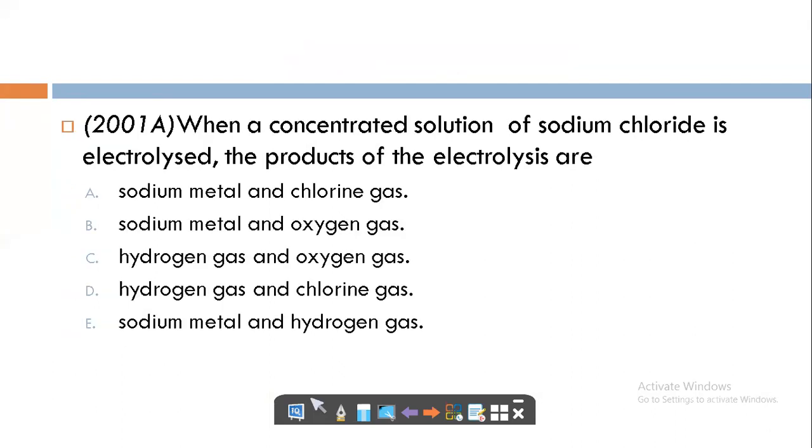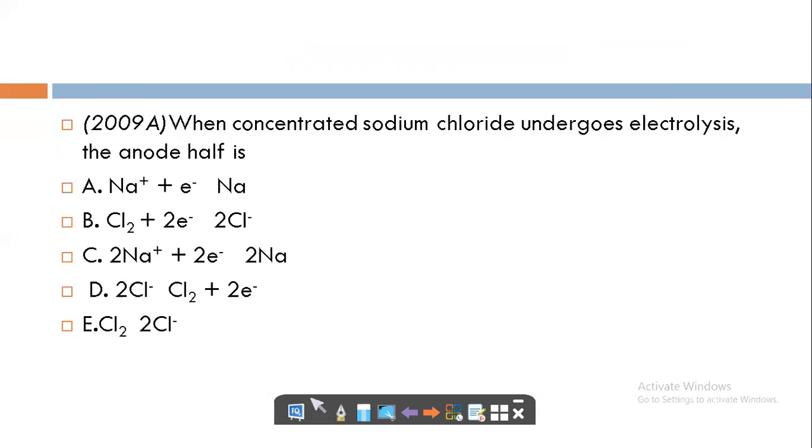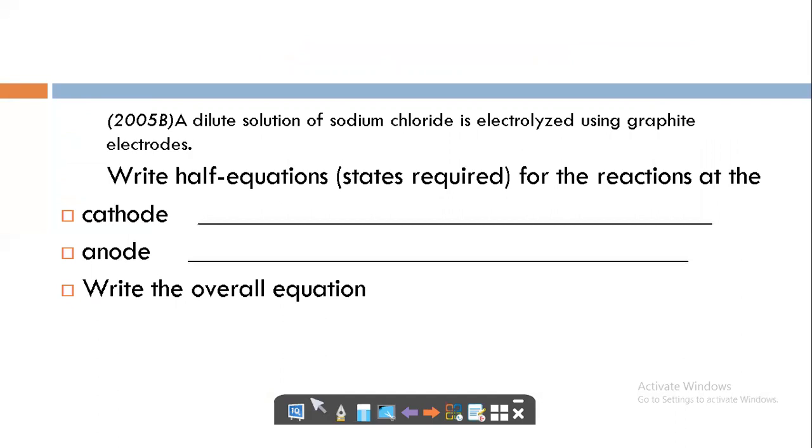Let's try another one. Let's find a dilute one. You tell me the products, to speed up. What will be the product at the cathode? For this one, at the cathode, Na+ and H+ will go.